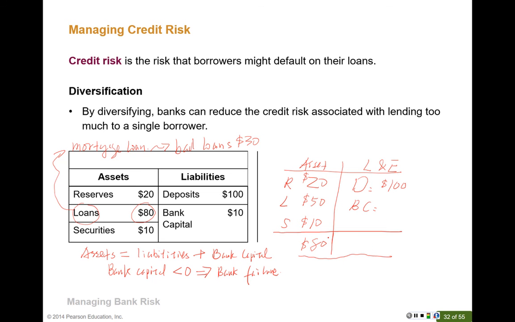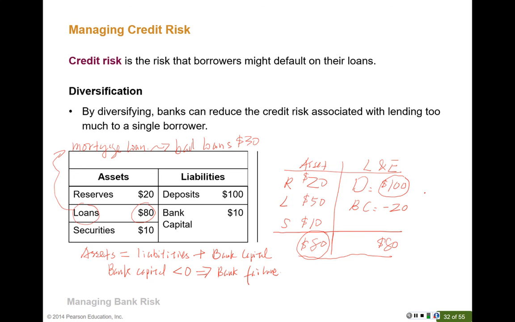We have asset side total value 80. We have a liability deposit of $100. What happened to the equity, the bank capital? In order to balance this balance sheet, the value of the bank capital has to be negative $20, because 100 plus negative 20 is $80.